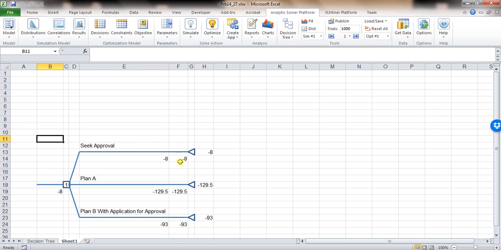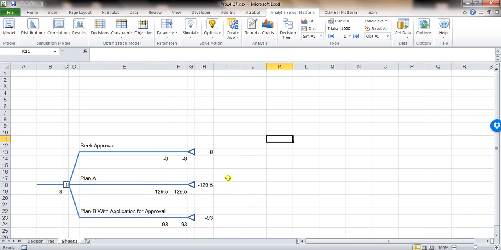If you see, this cost of 8 is actually included with 85 here, 85 plus 8, because you have already applied for approval. That's why that cost is already added.